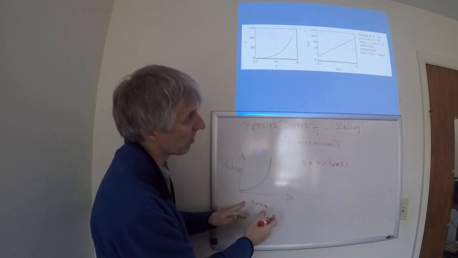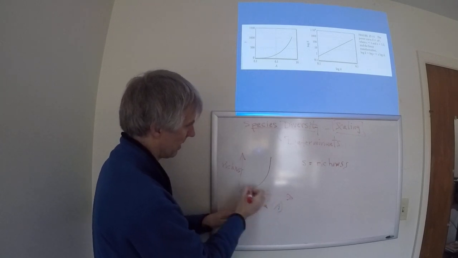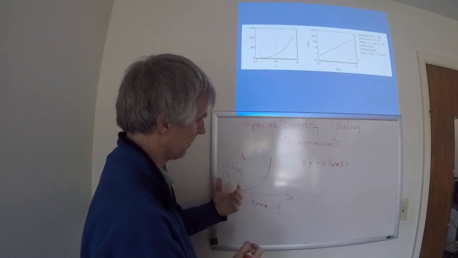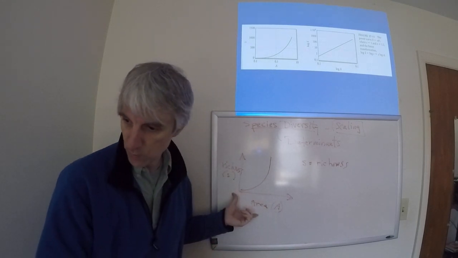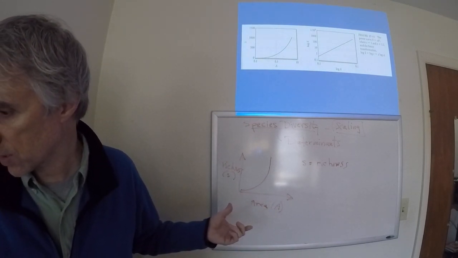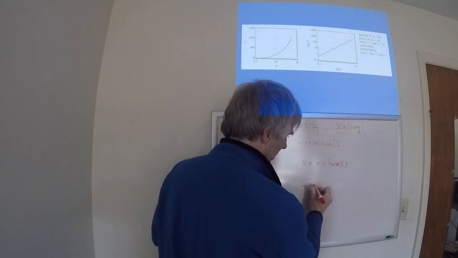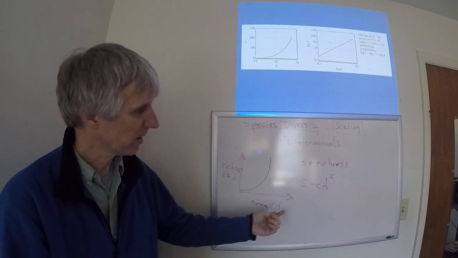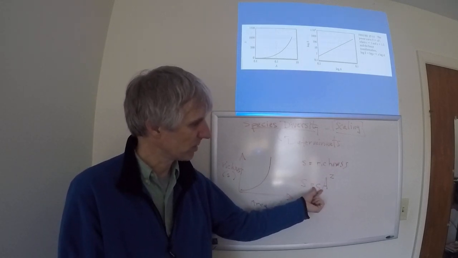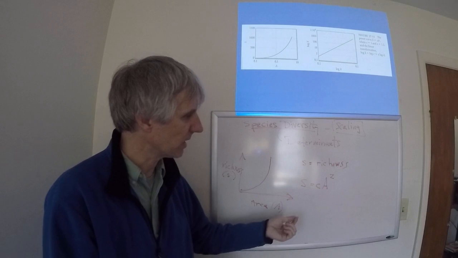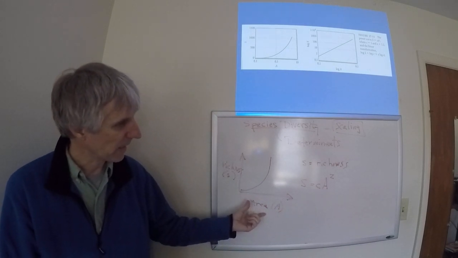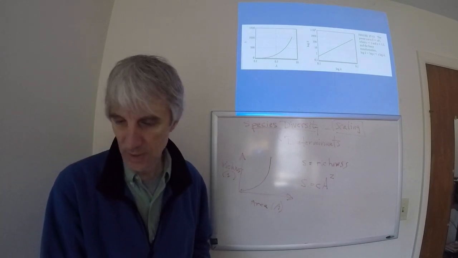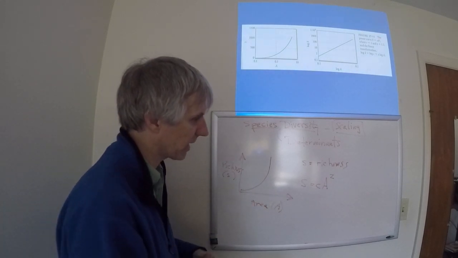And then area we'll keep as A. Then we can look at this relationship as a very simple equation, where the number of species is equal to some coefficient C multiplied by the area raised to some value Z. More on Z in a second.